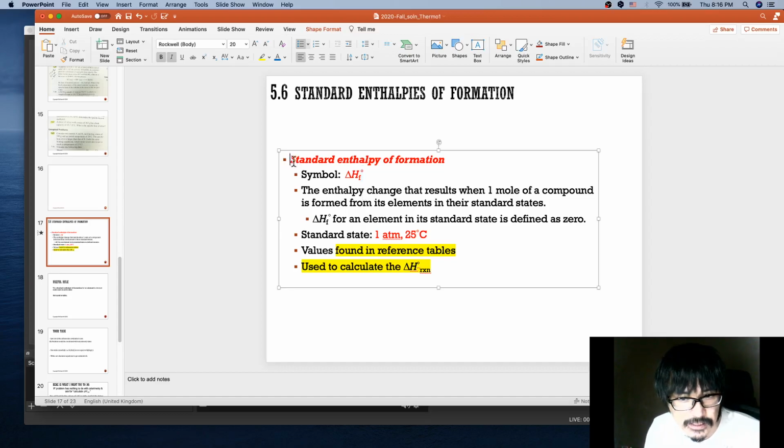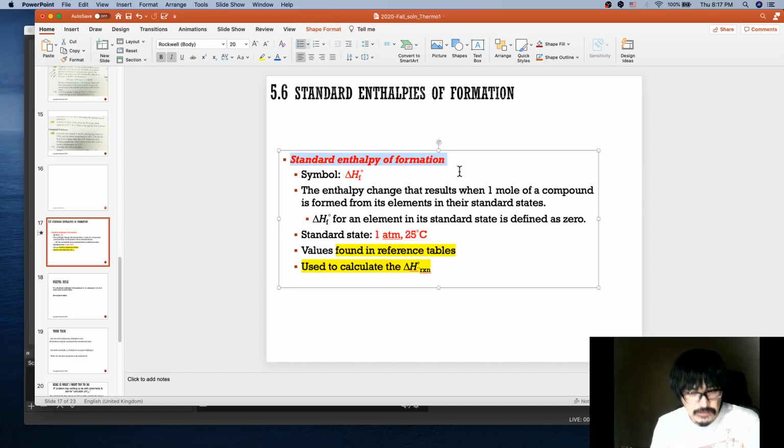So what is standard enthalpy of formation? For any molecule, you start out asking what is the heat, or the energy, required to make one mole of that particular molecule from all the elements in their standard state.